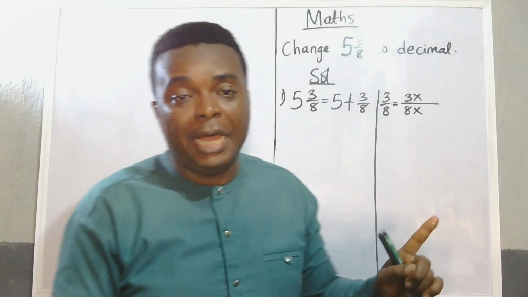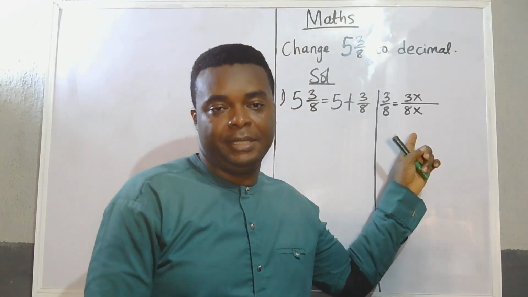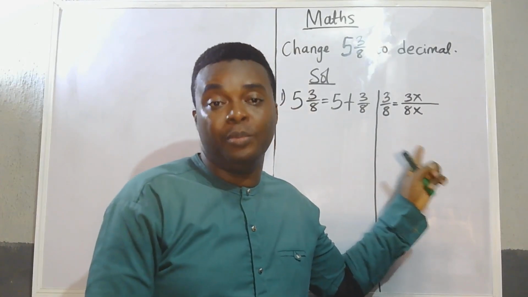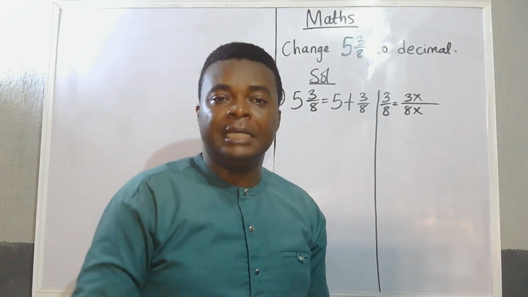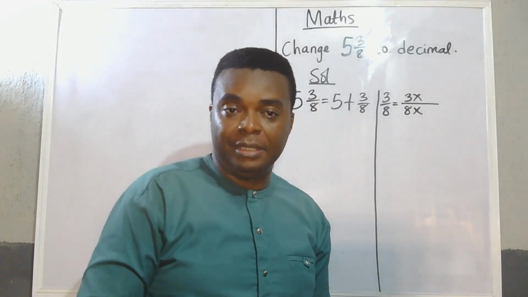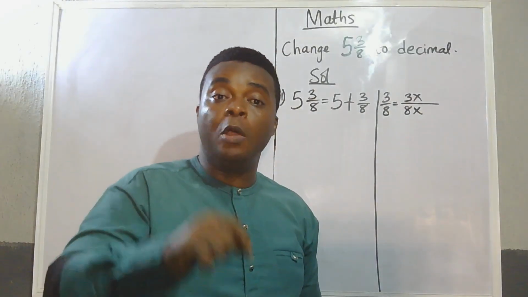Now, there's no number that I can use to multiply with 8. There's no whole number that I can use to multiply with 8 to give me 10. Neither is there a whole number I can use to multiply with 8 to give me 100.